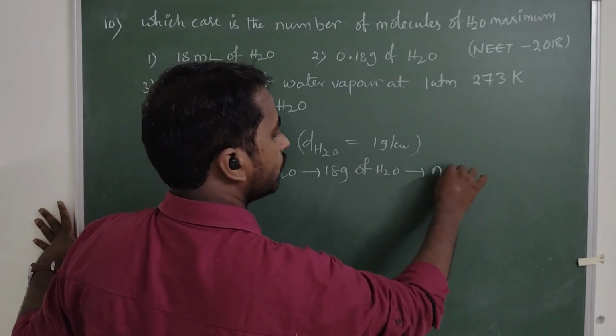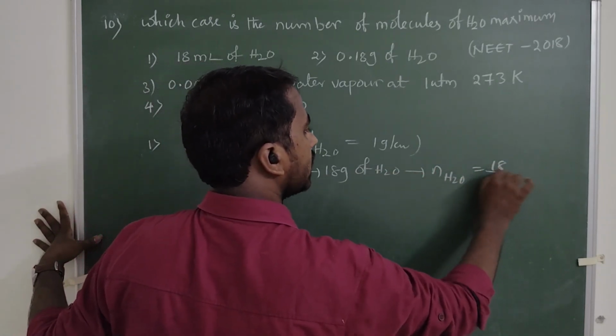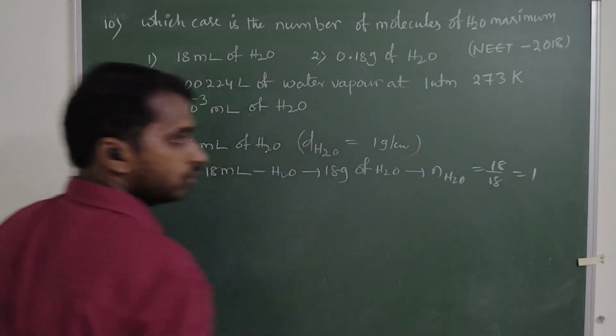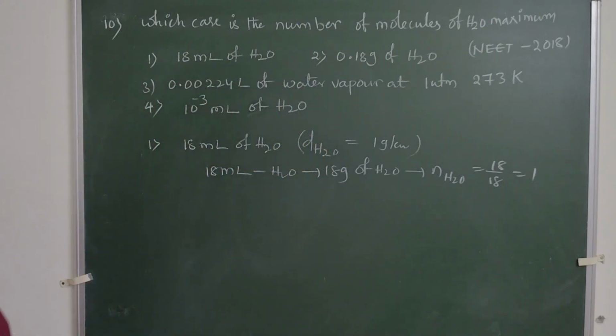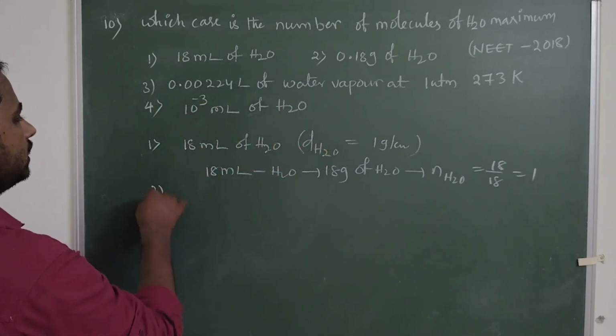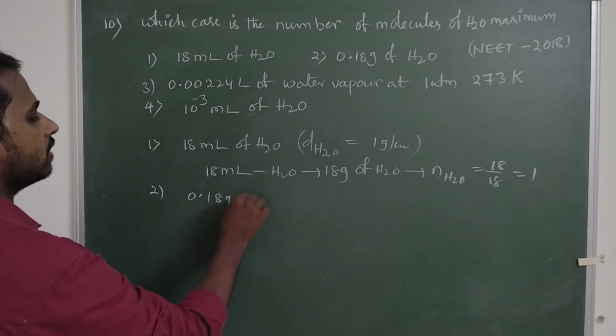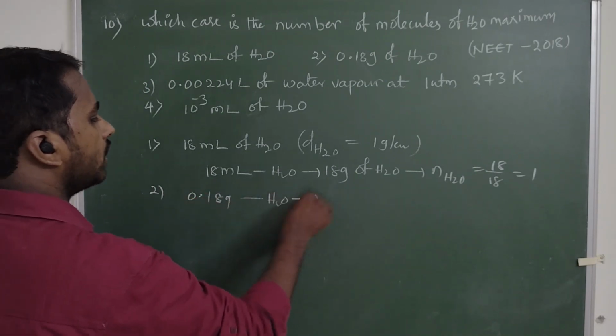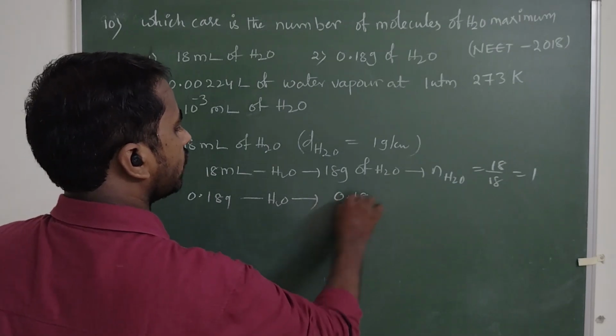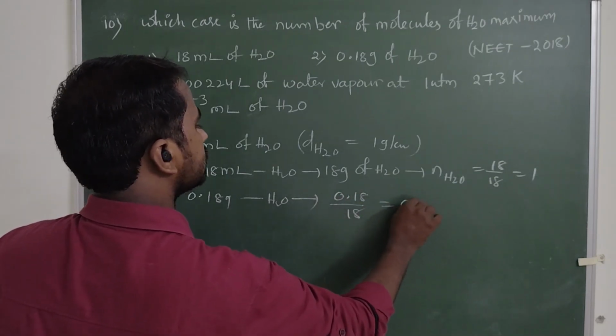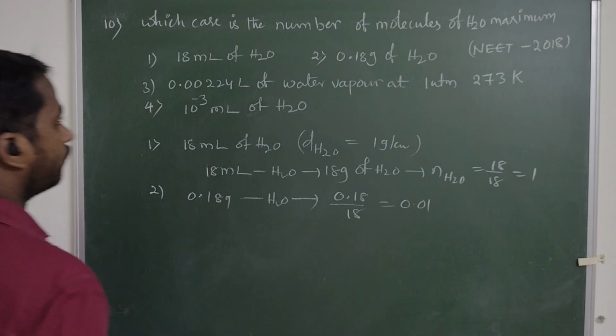So the number of moles of water is 18 by 18, 1 mole. Then coming to the second option, 0.18 grams of water: 0.18 by 18 is 0.01 moles of water.